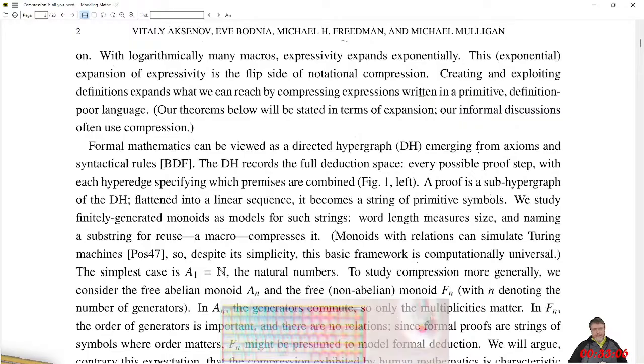So what it means by exponential expansion of expressivity is that I have an expression. I might have a recursive expression that defines itself recursively. So this exponential expansion of expressivity means that the number of combinations that I can do with these sets of things exponentially explodes.